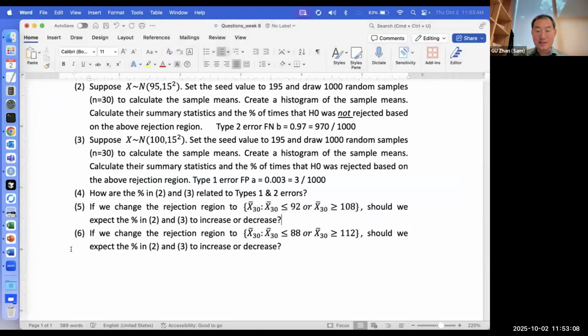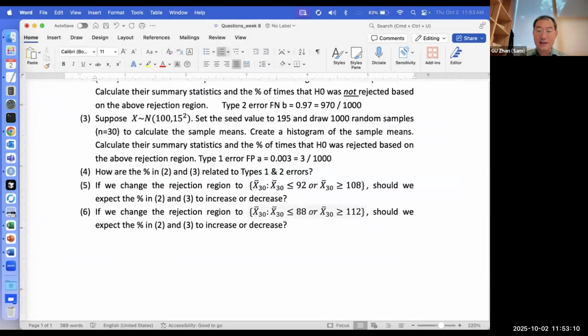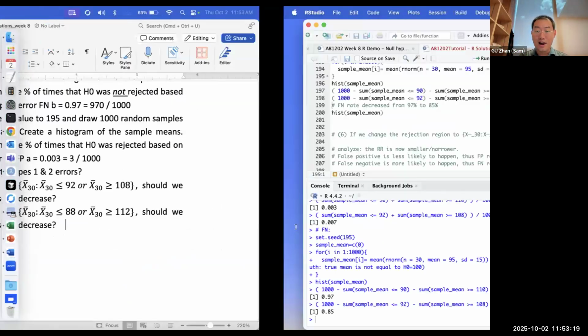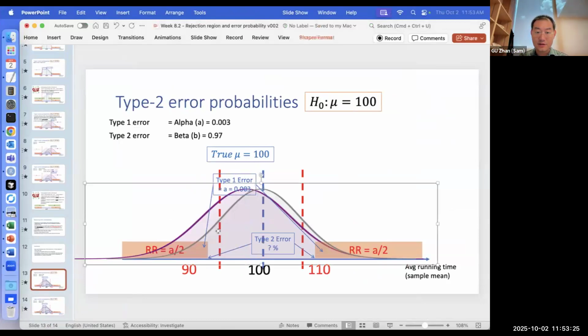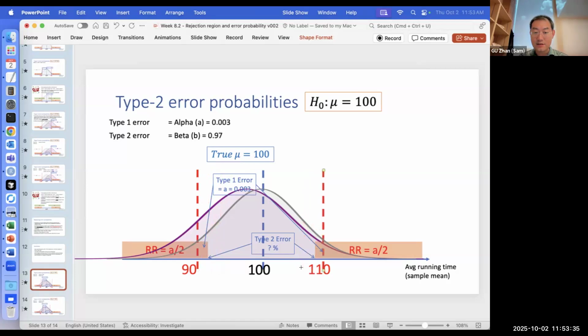Question 6 is now, the rejection region, instead of getting larger, gets smaller. So basically it's the opposite. Instead of 90 here it goes to 88, and instead of 110 it goes to around 112.